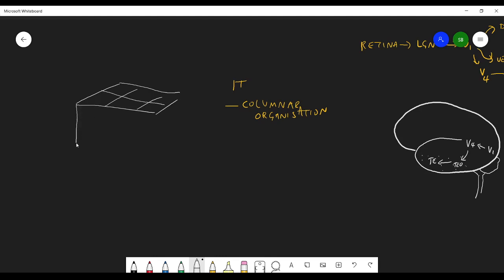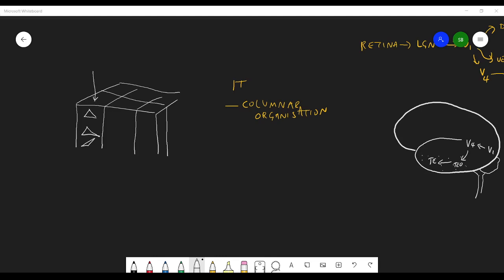You can actually find these columns just like in V1, but in this case they respond as you go down. You find that they respond to certain shapes which are quite similar to each other as you go down in a column. So in this column here, for example, you're seeing triangle type shapes.